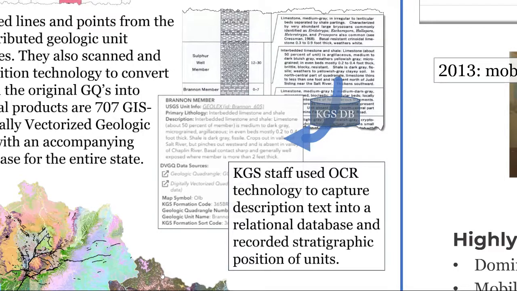By doing this, we could connect the descriptions to the map and provide rich geologic information about those mapped geologic units in a GIS. And we also symbolize and arrange the map units by their stratigraphic position. Later on, this turned out to be a really good decision when we developed the Internet Map Service and could use those descriptions in the database to enhance the information returned to the map users about the geologic units.